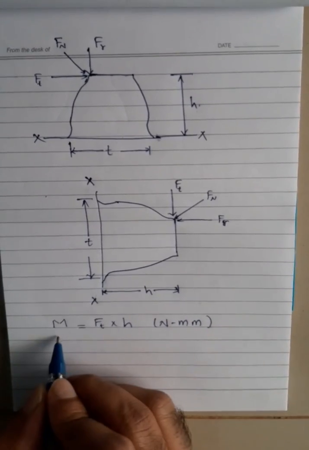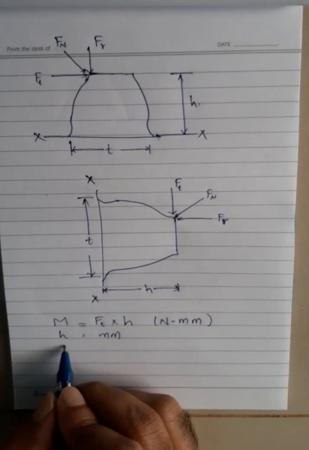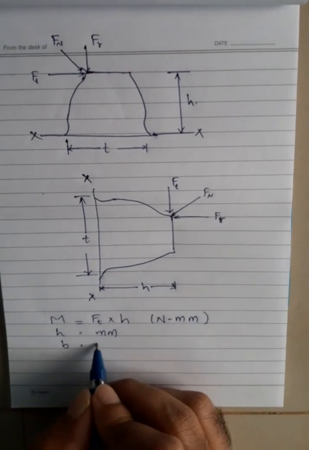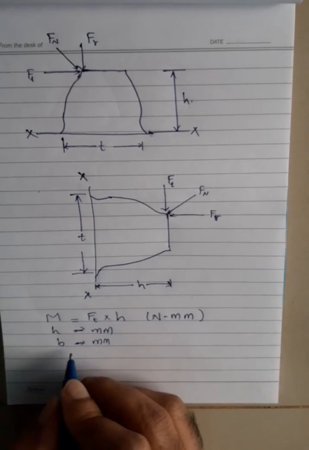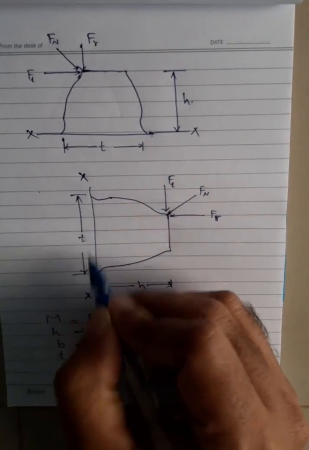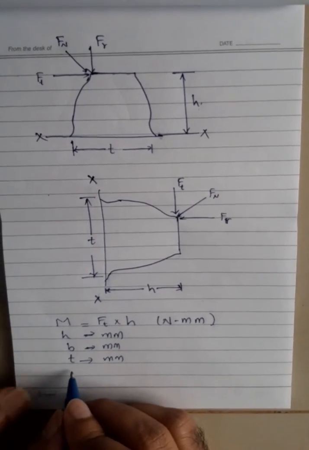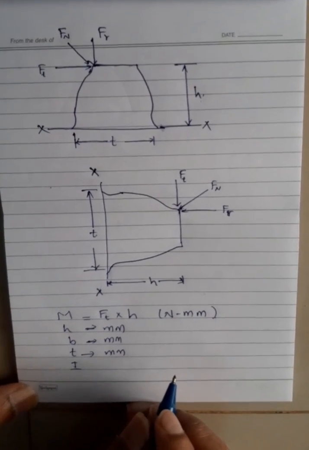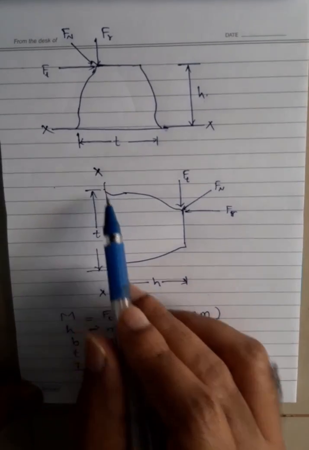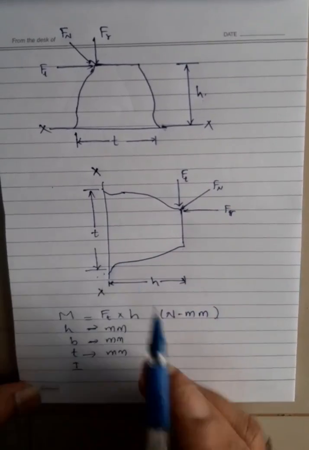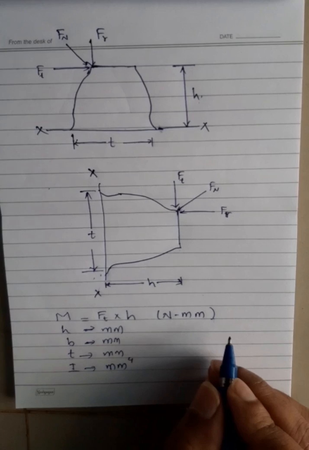We know the height of the tooth h in millimeters, the face width of the tooth b in millimeters, the thickness of the tooth t along the section XX, again in millimeters, and next we have I, the moment of inertia of the tooth section XX about the neutral axis, and it will be in mm to the power 4.